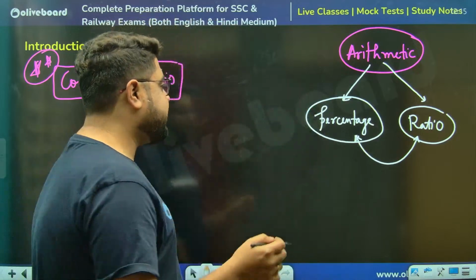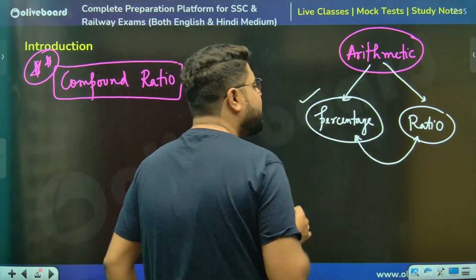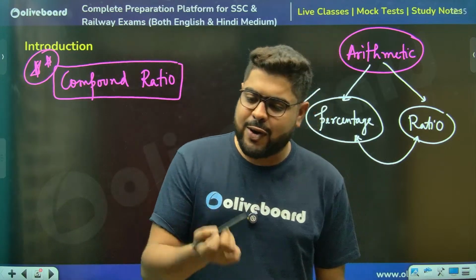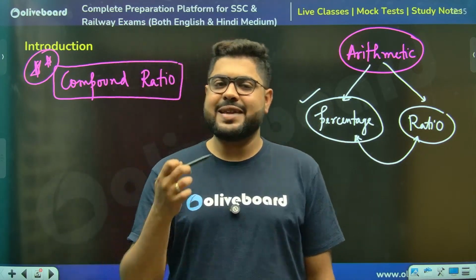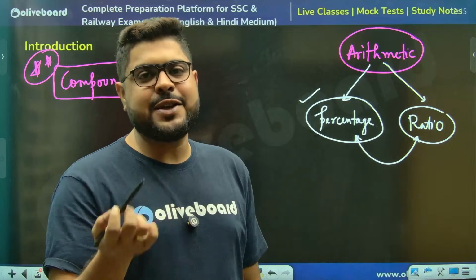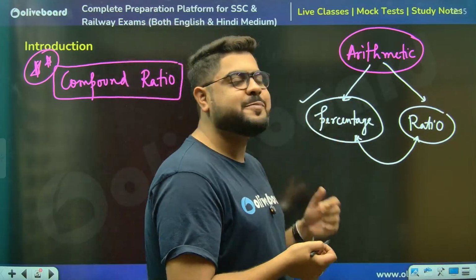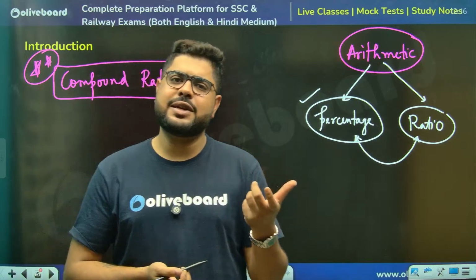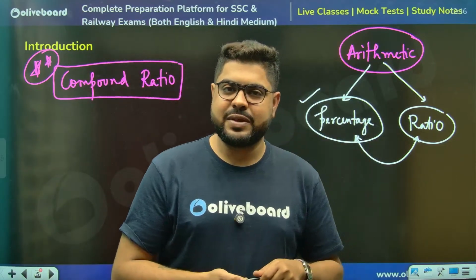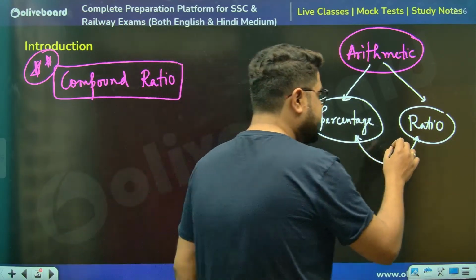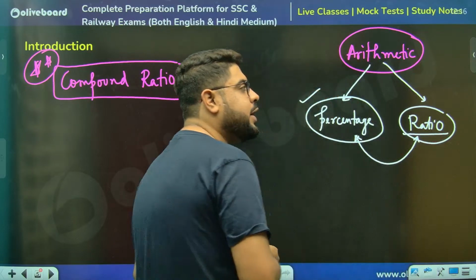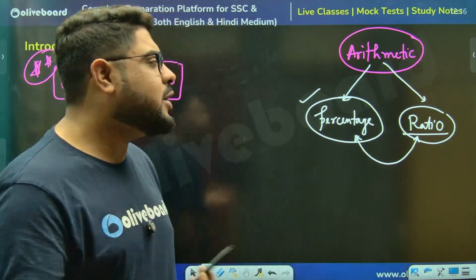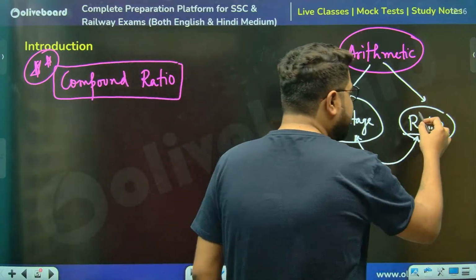Say, in profit and loss, profit is a percentage of CP. Simple interest is a percentage on principal. Speed, time and distance, time and work, partnership are purely based on ratio.